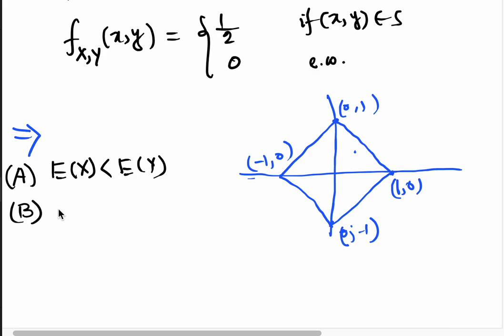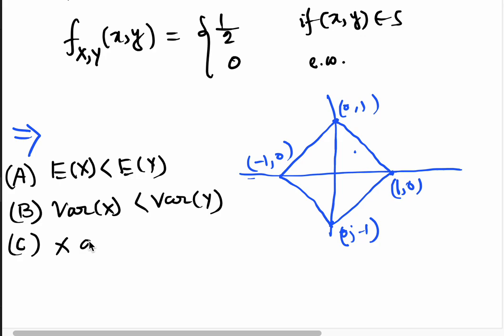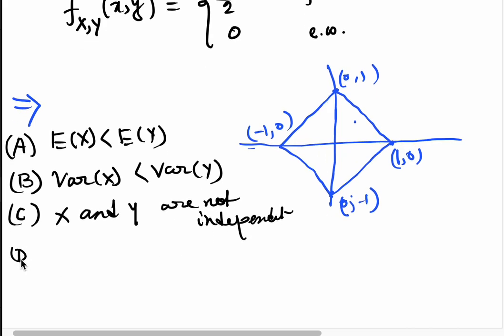B: variance of x is less than variance of y. C: x and y are not independent. D: x and y are independent.